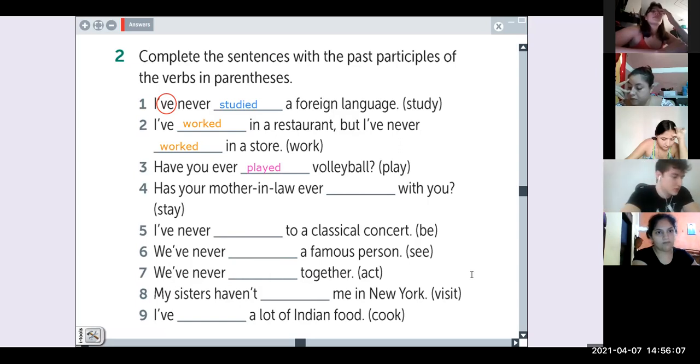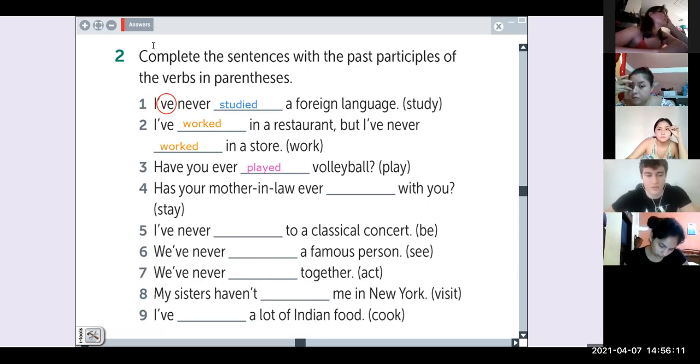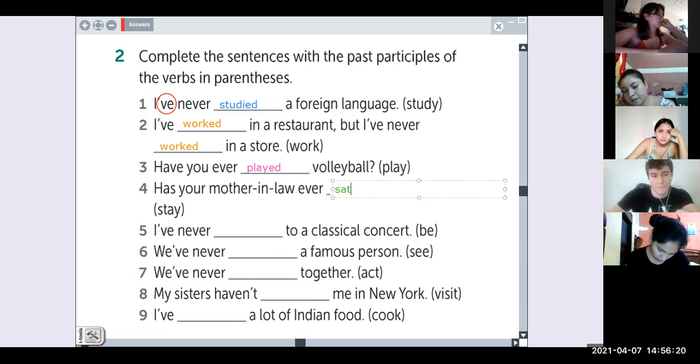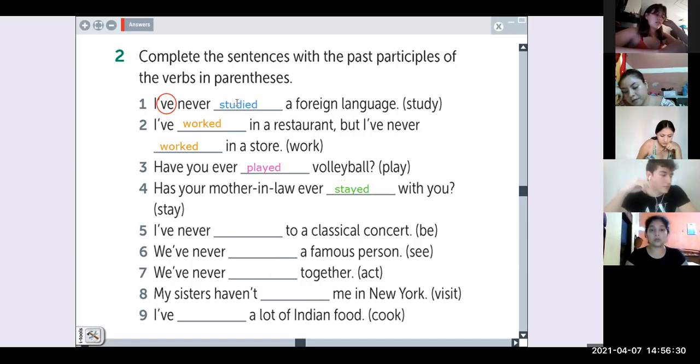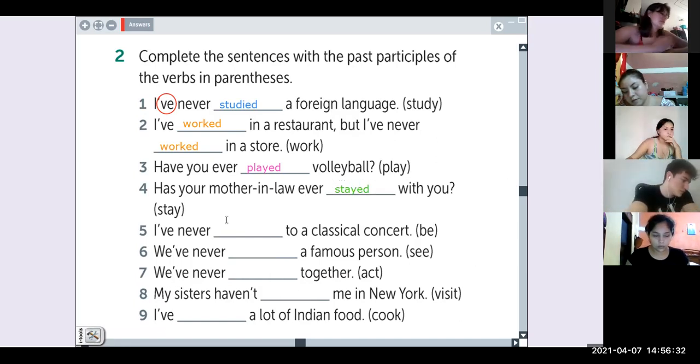We have few boys here. Andres, please. Number 4. Has your mother-in-law ever stayed with you? Very good. Stayed, right? The same here. Después de la Y, directamente la D. Stayed. Okay. Let's go with Diana Salvatierra. Number 5, please.